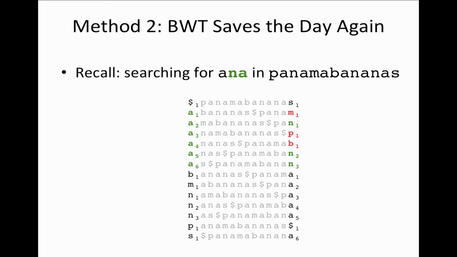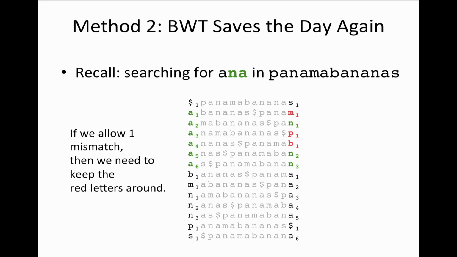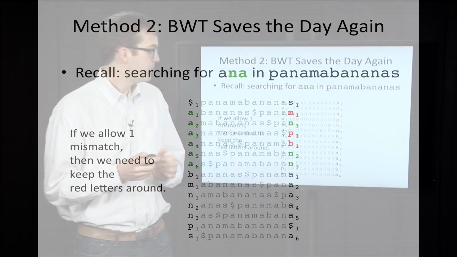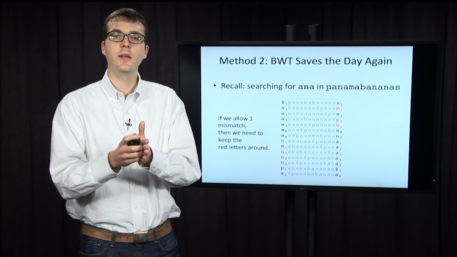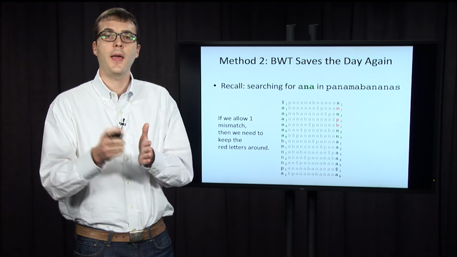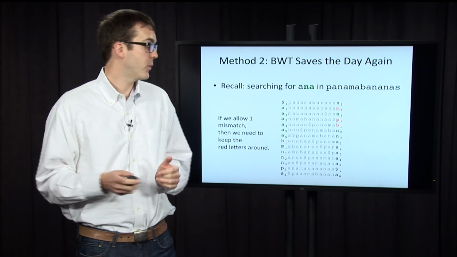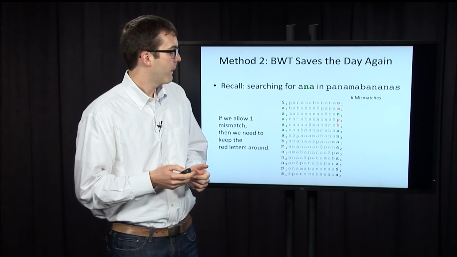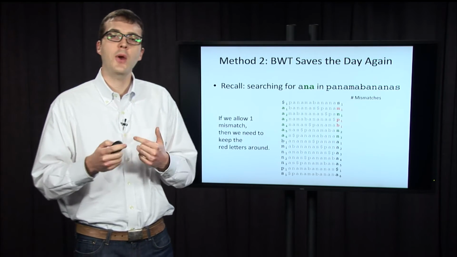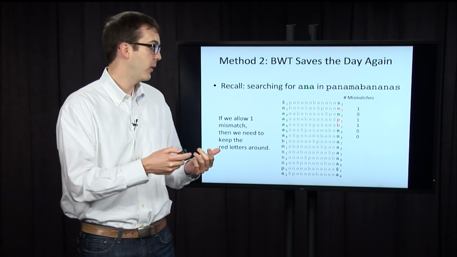If we are allowing at most one mismatch, then we need to keep these red letters around. We need to hold on to them because it may be the case that we can continue extending and get exact matches everywhere else, and then we would have an inexact match with one mismatch. So we'll need to keep track of the number of mismatches that we've encountered along the way.